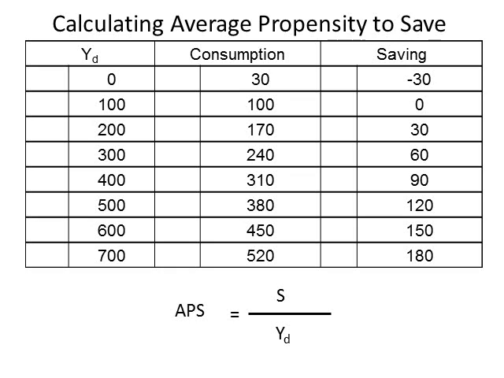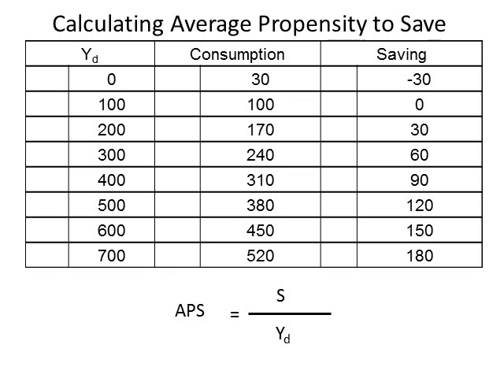At the next level of income, 400, the person consumes 310 and saves 90. At the $500 level of income, the person consumes 380 and saves 120. At the $600 level, the person saves $150 and consumes 450. And at the $700 level, the person consumes $520 worth of goods and services and saves 180.